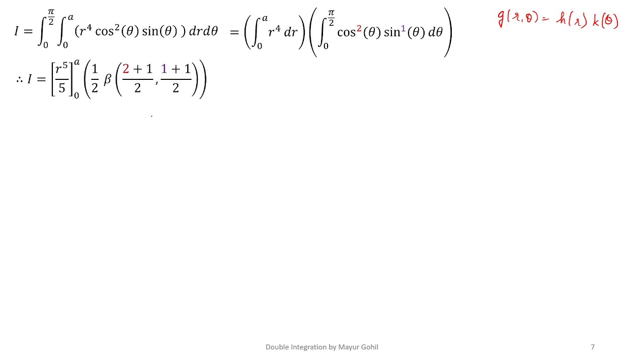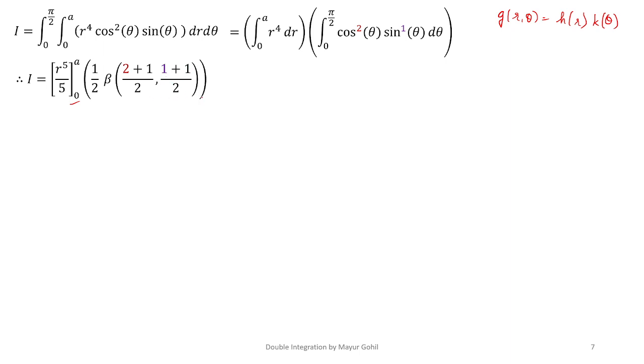So the first thing is that r raised to 5 over 5 we will get when we integrate r raised to 4, and the limits are going to be 0 to a. Now what about this one? The integral 0 to pi by 2 of cos square theta sin theta will become half beta of (2 plus 1) divided by 2, comma (1 plus 1) divided by 2.